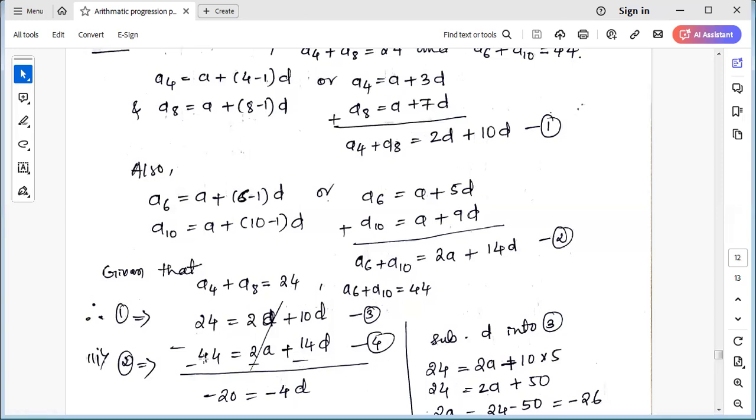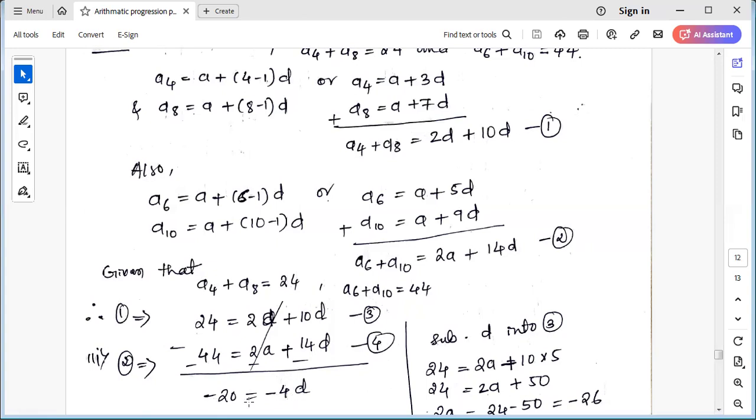So 24 minus 44. 24 minus 44 is minus 20, is equal to, 2A gets cancelled, and it is 10D minus 14D, which is minus 4D.